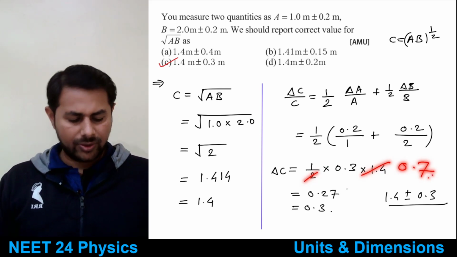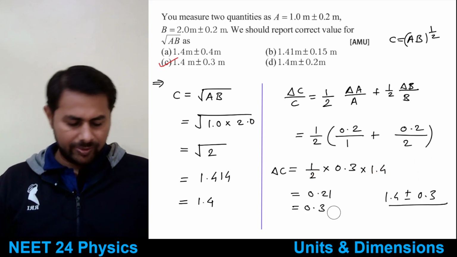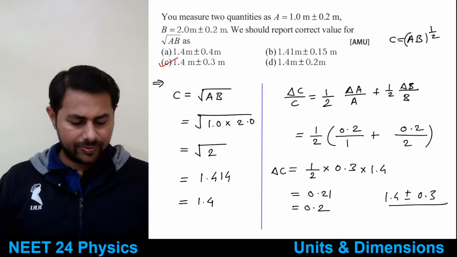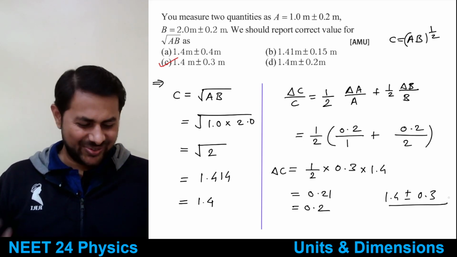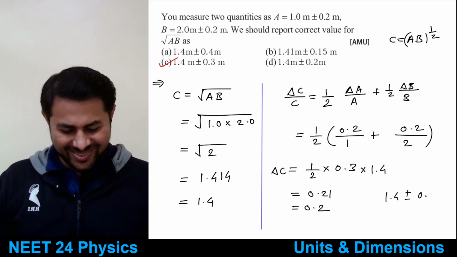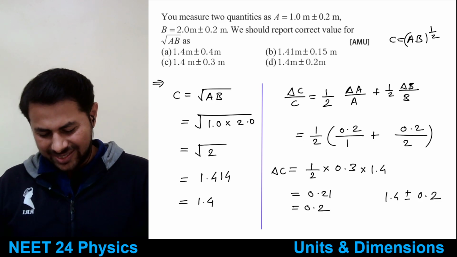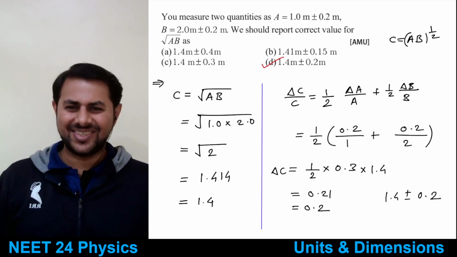Then it will become 2.1, no, sir? Right. My mistake. Sorry. It will be 0.21 and this will be 0.2. Okay, very good. Sorry, my mistake. I multiplied 9 with 3. I don't know from where. Okay, then it is 0.02 and then it is what? Option D. So Poorna was correct.